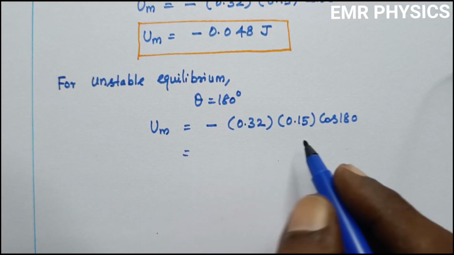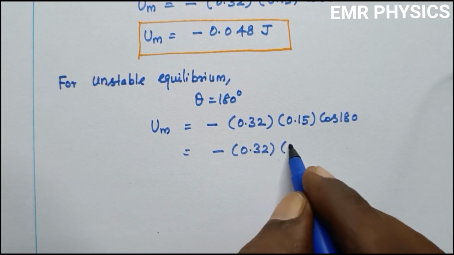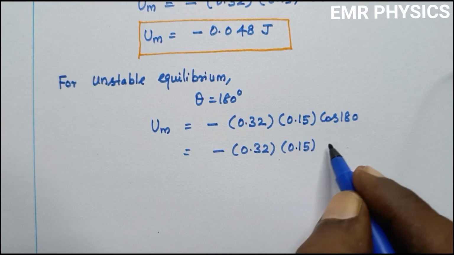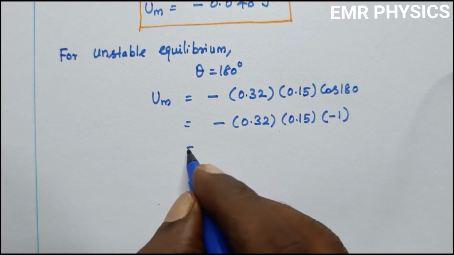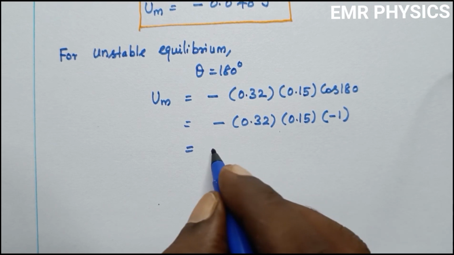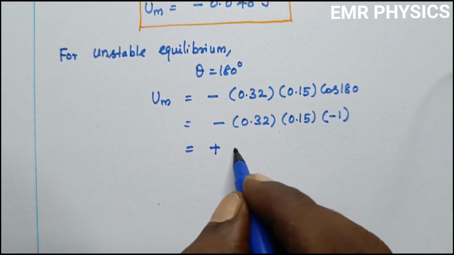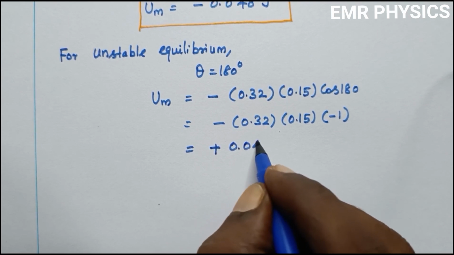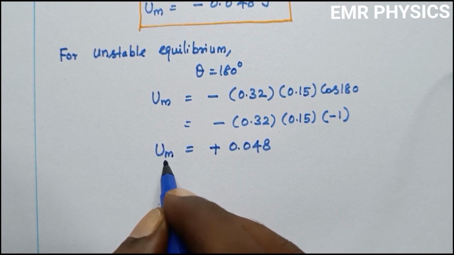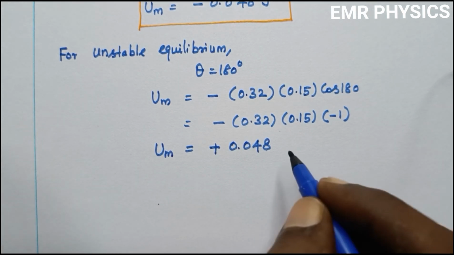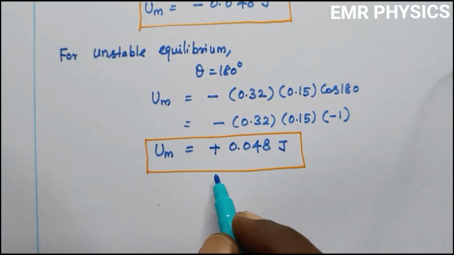Cos 180 is minus 1, so this is minus of minus, plus. We get 0.32 into 0.15, which is equal to 0.048. This is the potential energy for unstable equilibrium. The unit of potential energy is Joule. This is the answer to the second question.